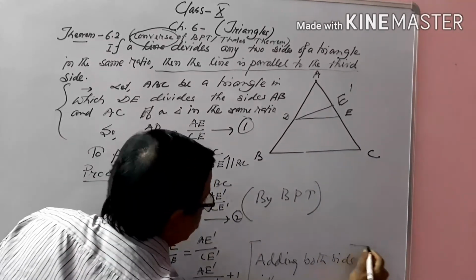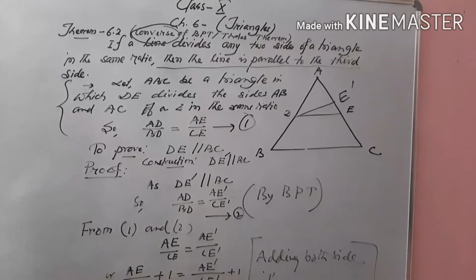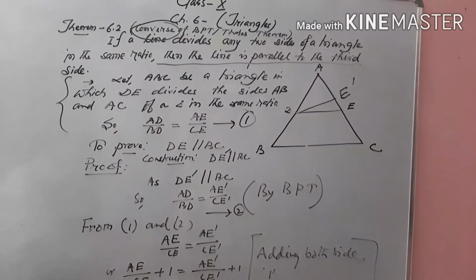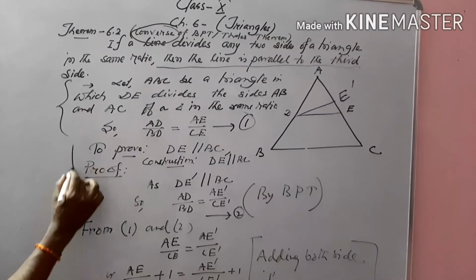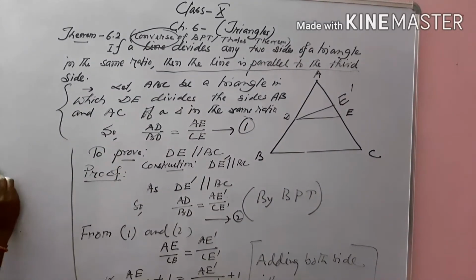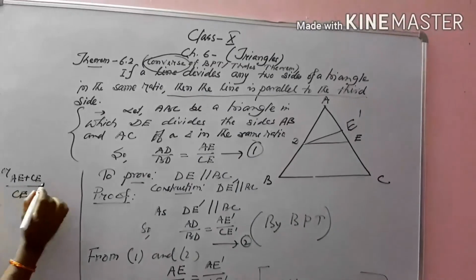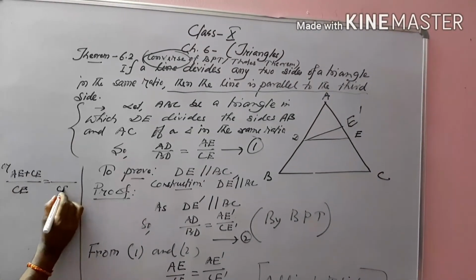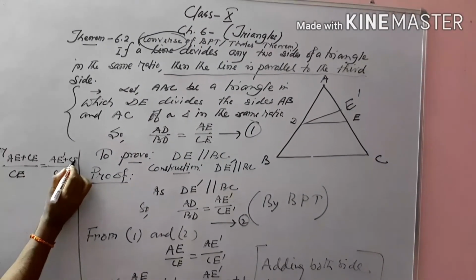In any equation we can add any number to both sides as required. So once you add 1 to both sides, we get AE plus EC over EC, and on this side AE dash plus E dash C over E dash C.